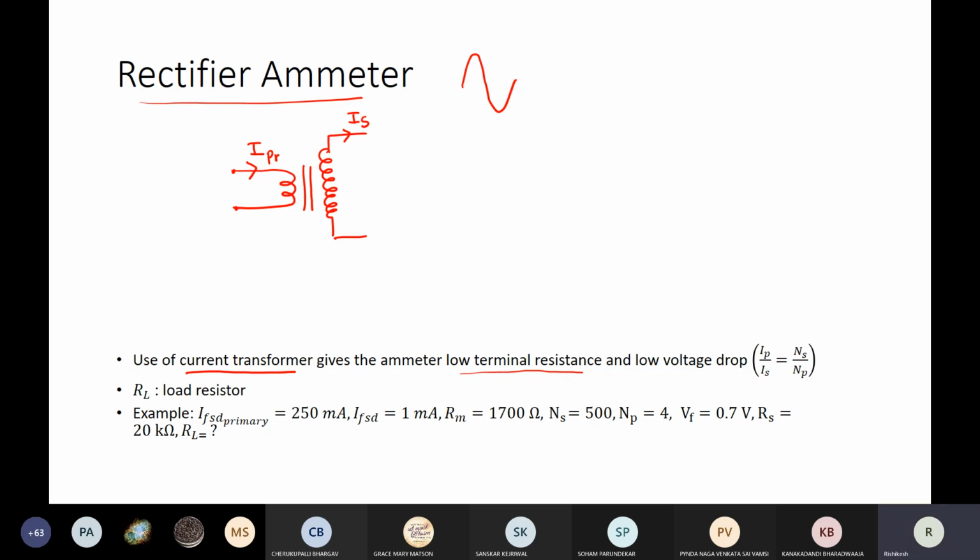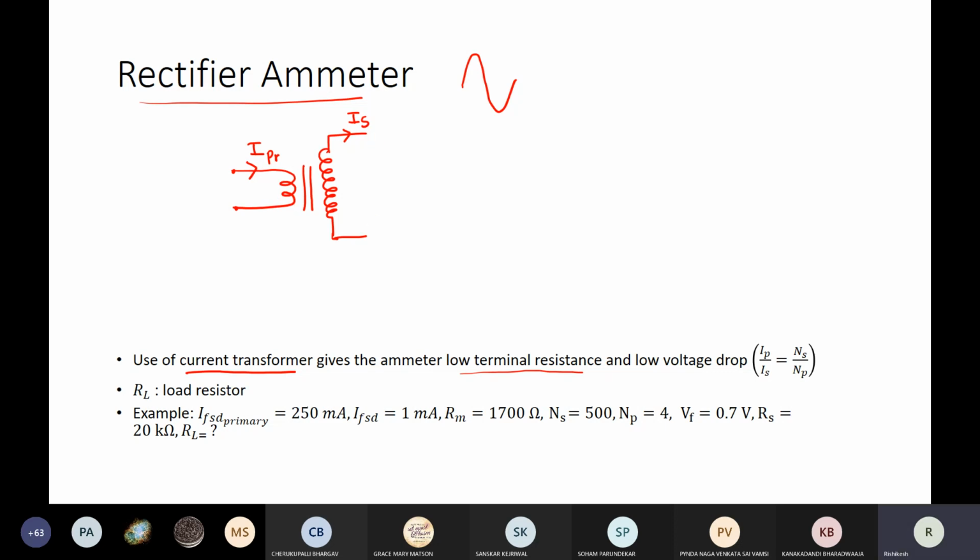There will be stepping down of the primary current and stepping up of the secondary voltage.